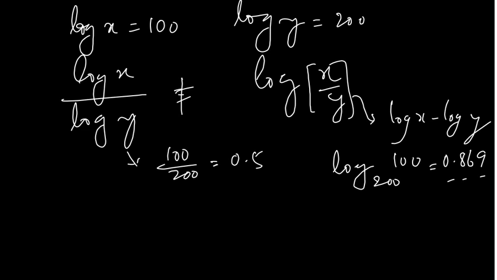Correct, right? So if it is the other way around, log 200 to the base 100, 1.15 or something like that.